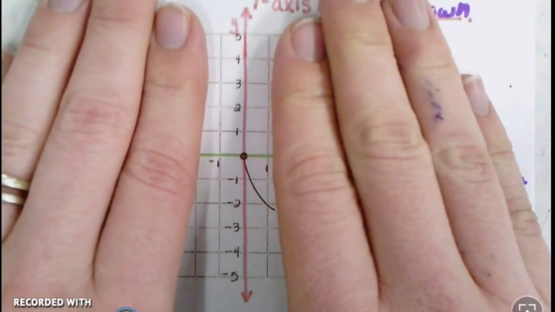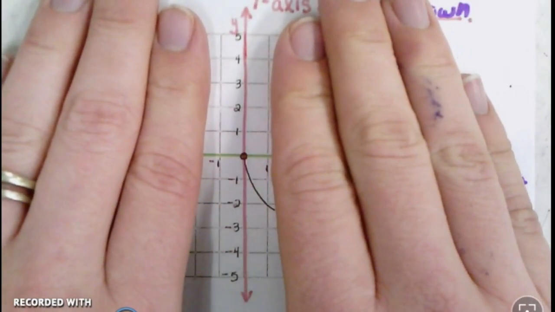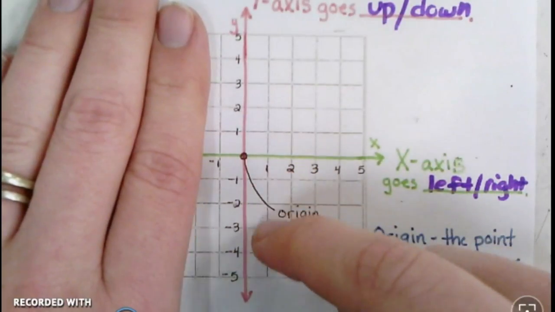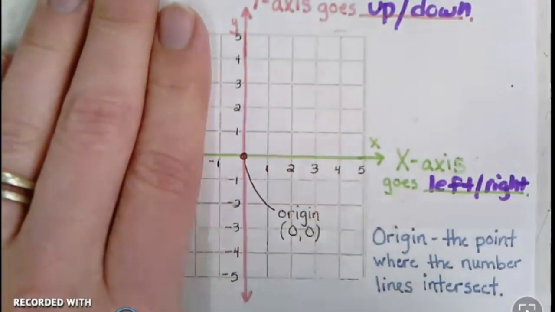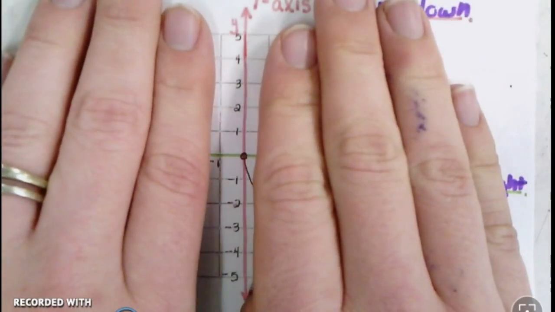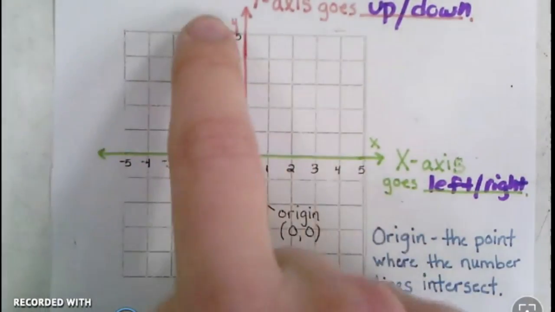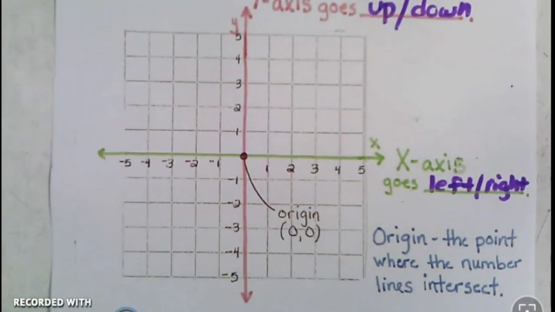And just like with a thermometer, the negative numbers go down. So I've got -1, -2, -3, -4, -5, and it'll keep going down and down and down. So that's all that a coordinate plane is. We've got an x-axis and a y-axis, which are both number lines.